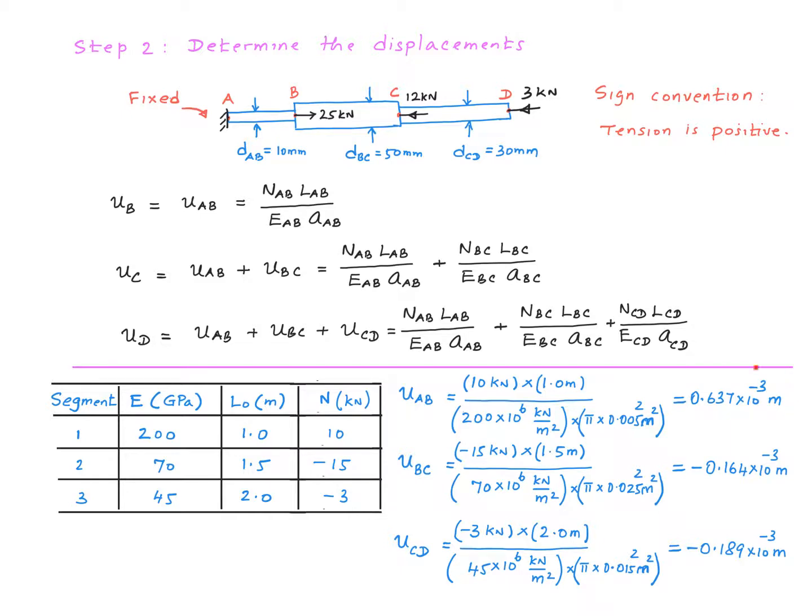And that gives me a value of 0.637 times 10 to the minus 3 meters for UAB. Now you can follow the remaining 2 steps very easily, because the numbers come directly from the table and the diameters that are listed over here, right? And don't forget the signs. So these two displacements are calculated to be compression as opposed to tensions.